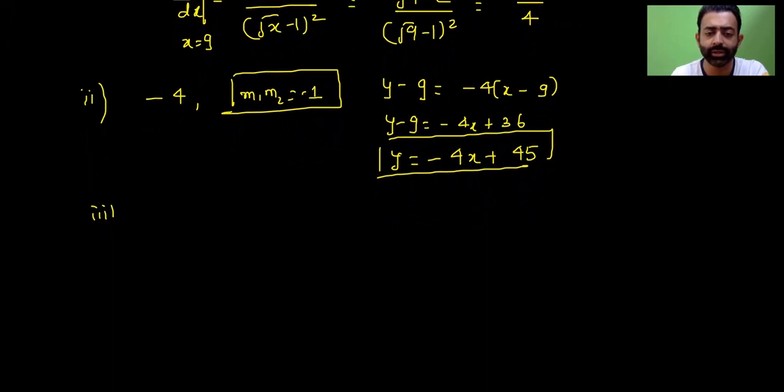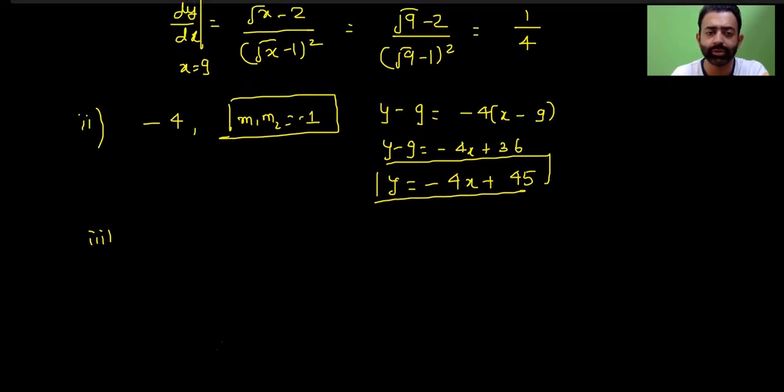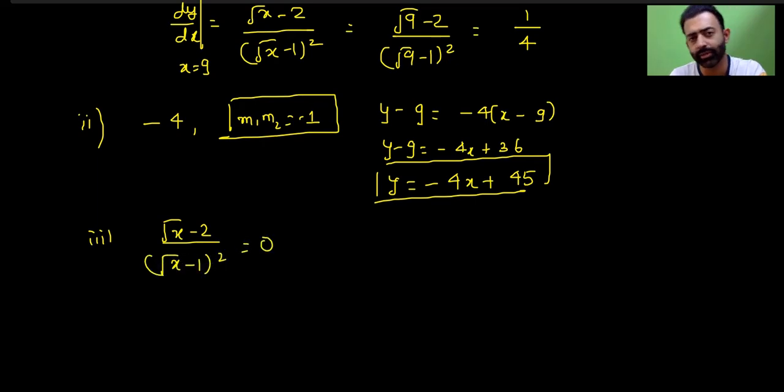So our derivative function was this function, root x minus 2 upon root x minus 1 whole square equal to 0. Okay, this will be 0 only if numerator is 0, right? That means x is 4. If root x is 2, that means x is 4. So this is your minima point.